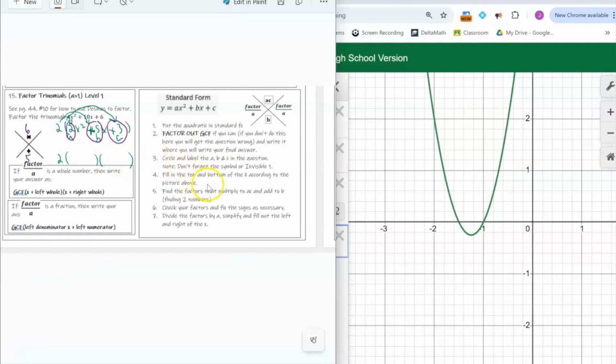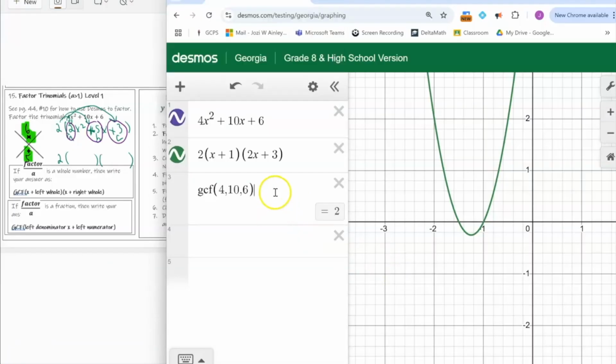All right. Find the factors. Okay, so these are factors. These are two numbers that multiply to AC. So they need to multiply to 6 and they add to 5. And so what you're going to do, and I think you can do this part in the calculator. Let's go ahead and do it.